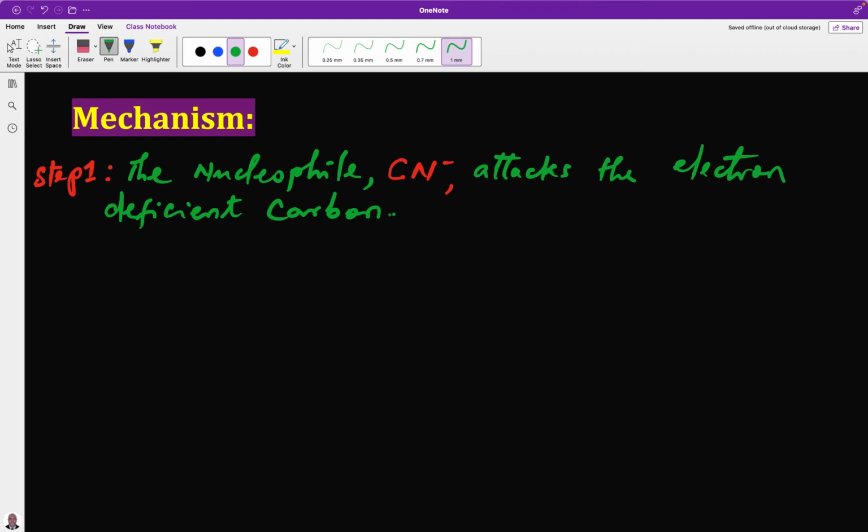Nucleophilic addition is a mechanism in organic reaction in which a nucleophile attacks the partial positive carbonyl carbon atom, and addition across the carbon oxygen double bond will now occur. How is this going to attack? Let's see how it goes.